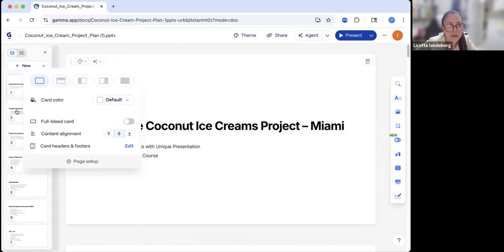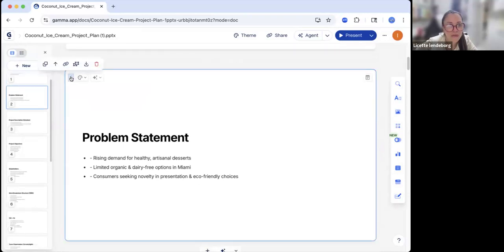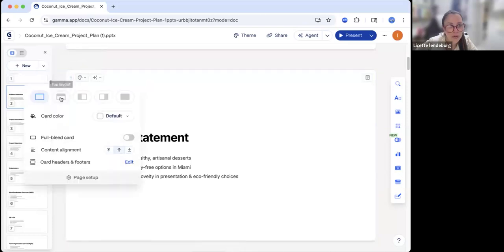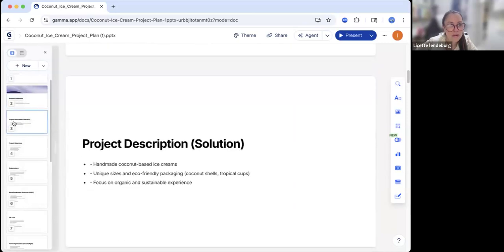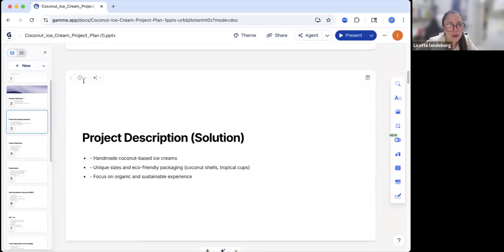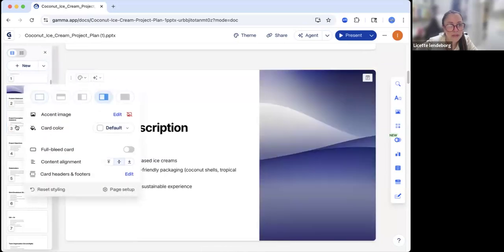Let me go to number 2. You see these icons here, you have different options: new, copy, merge, you don't want those. However, in the card style, you can put it like this, boom. Now we are going to create something more beautiful. Now I'm going to put another style like this.